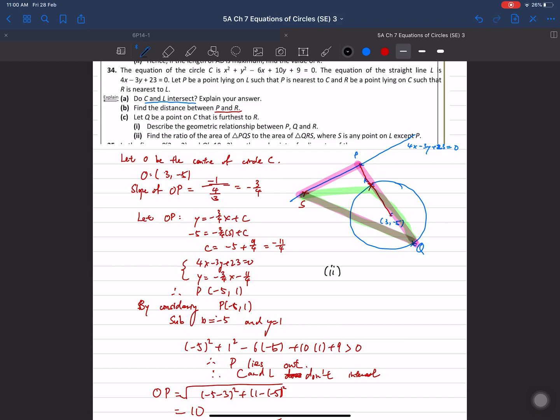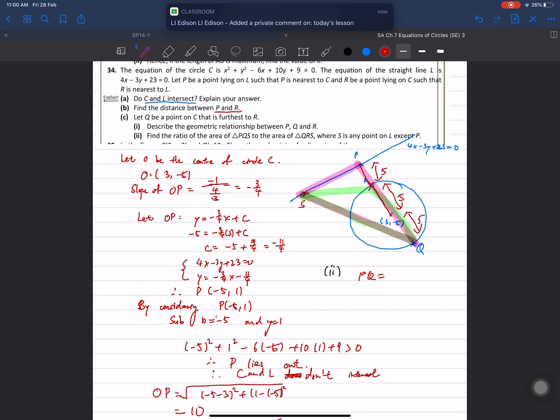So how to find the area ratio? By observation, I notice the two triangles have the same base and the same vertex. So I know the area ratio is equal to the length ratio of the bases. So you need to find the length of PQ first. This is 5, and this is 5, and this is 5.